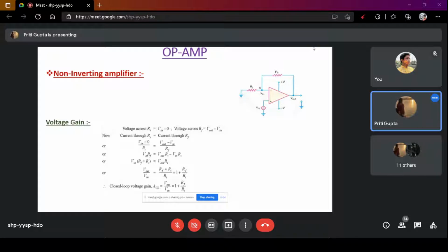Since the input is applied to the non-inverting terminal, the output signal will be non-inverted.